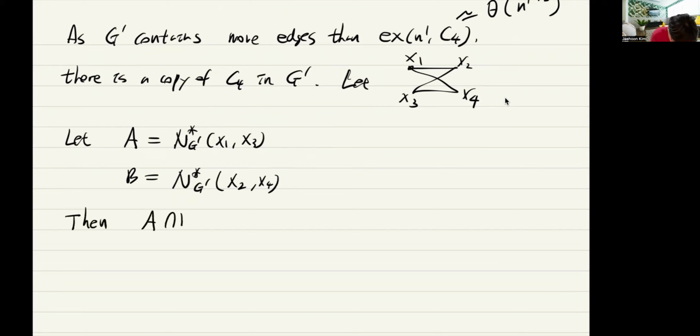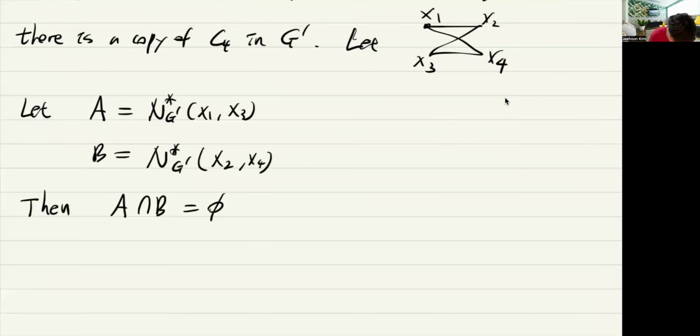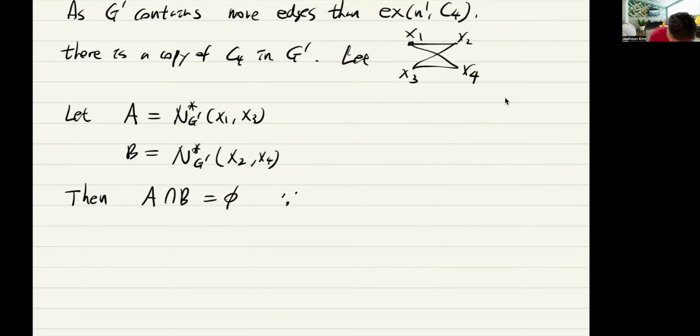Then A and B have empty intersection. Why? If we have a point which is adjacent to all four of them, then what happens? Then we have a copy of C5.